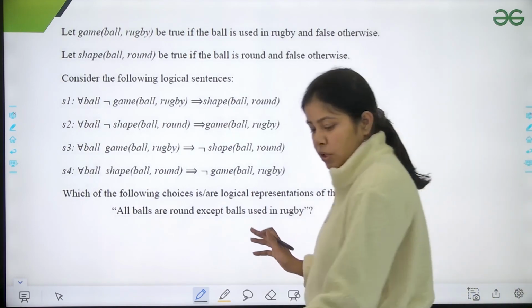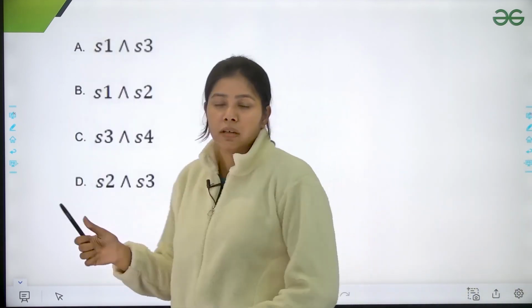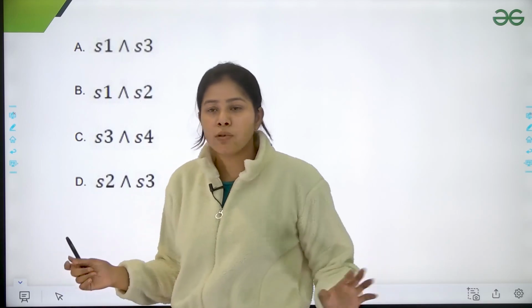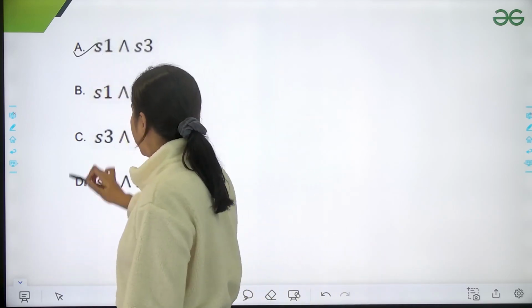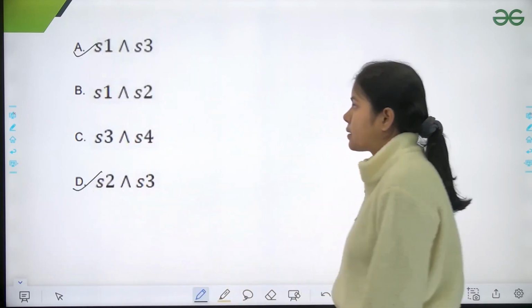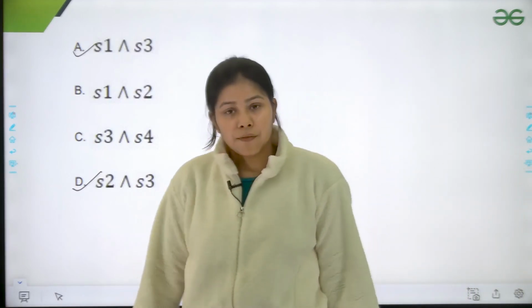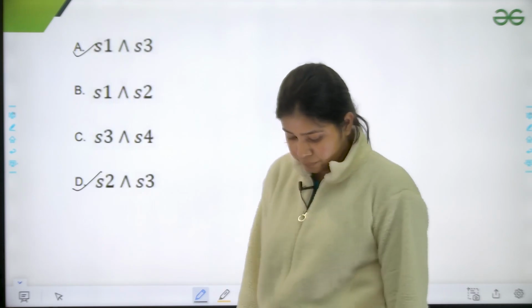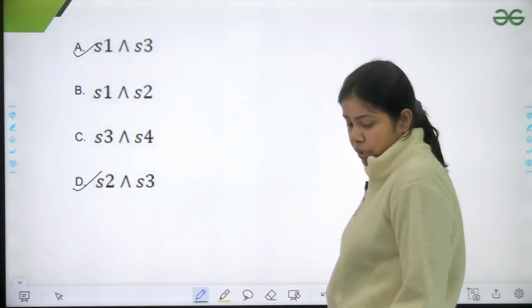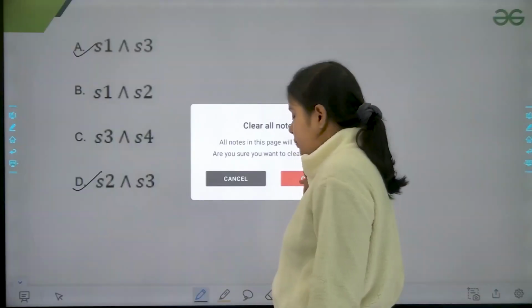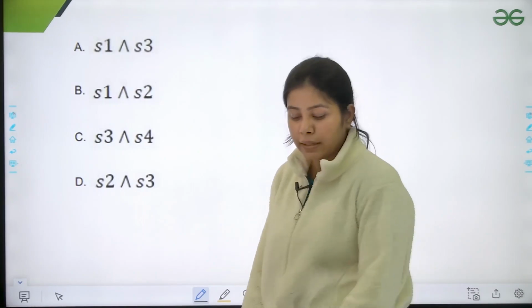So you can check by yourself, just read the statements 2-3 times and you would get that option A and option D give you the correct answer, S1 and S3 and S2 and S3. Otherwise no other option gives you the correct answer, right? So here options A and D are correct. Okay, so A and D are correct.